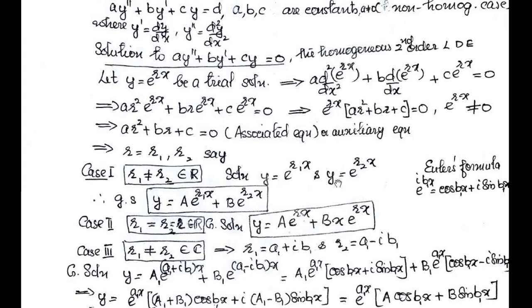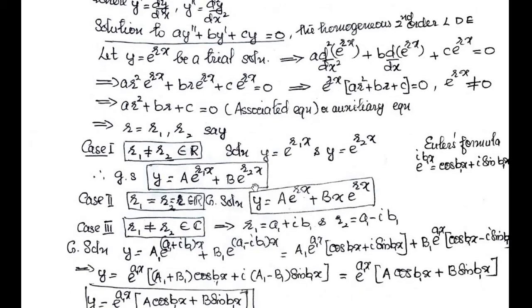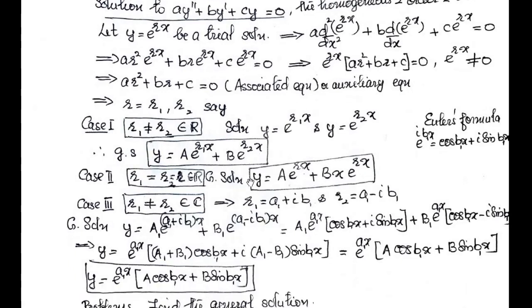The sum of these two solutions together with two arbitrary constants, which each term will give, is the general solution. Thus, the general solution is y equal to a into e raised to r1x plus b into e raised to r2x. See, the quantity in this box is very important.